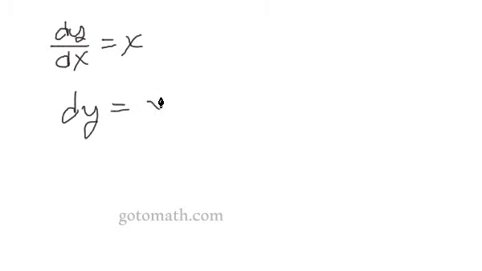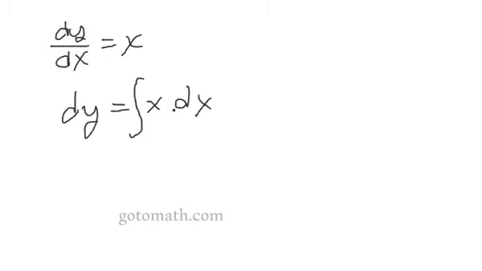We have dy over dx is equal to x. And we want to find the solution to this differential equation. What we're going to do is get it in that differential form. dy is equal to x dx. And now I'm going to throw on this integral sign here.